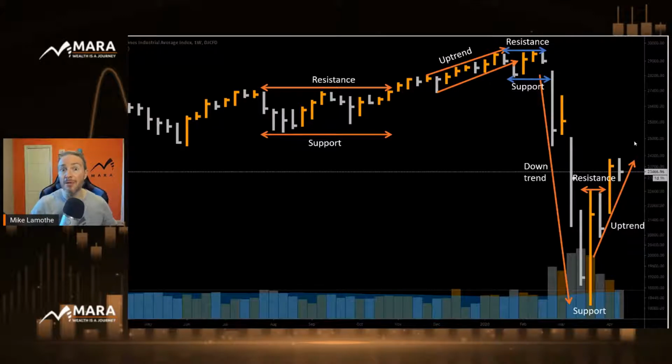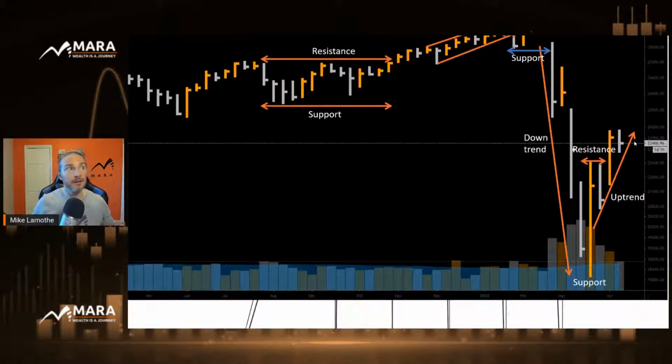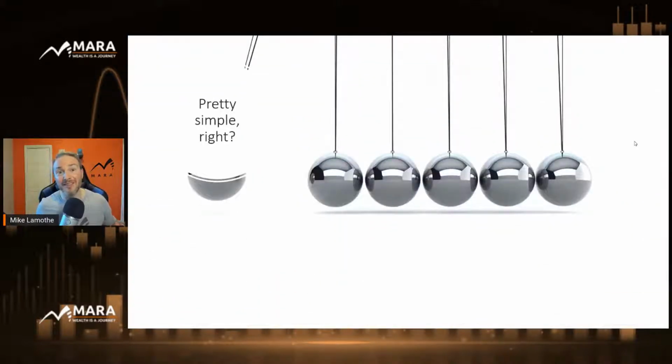We're not in the business of making predictions, but we are in the business of assessing trends and assessing reward to risk. We also know that once an object is in motion, it tends to stay in motion until acted upon by an outside force. Physics 101. The same thing happens in the markets.